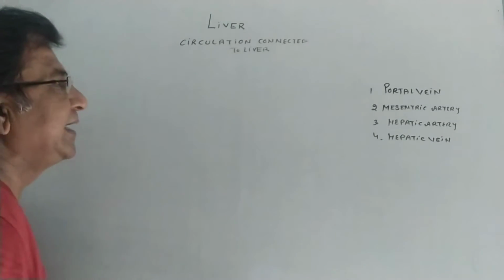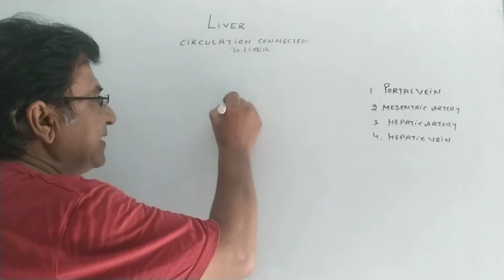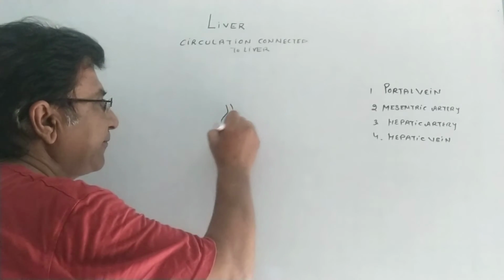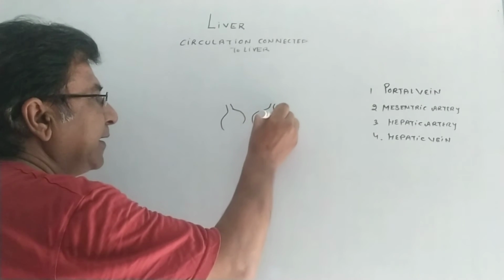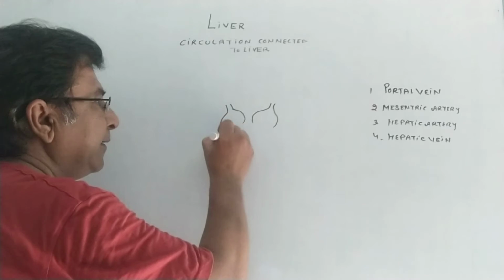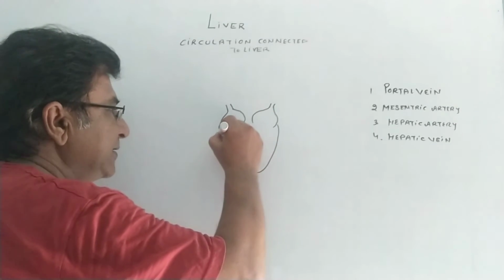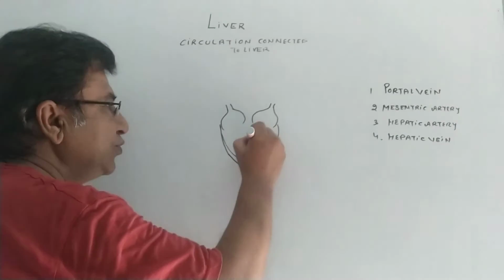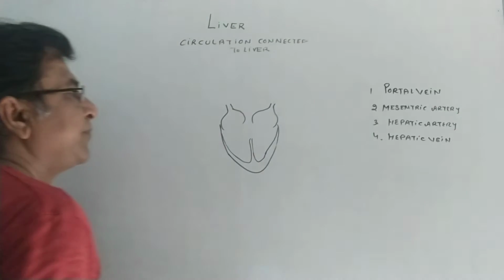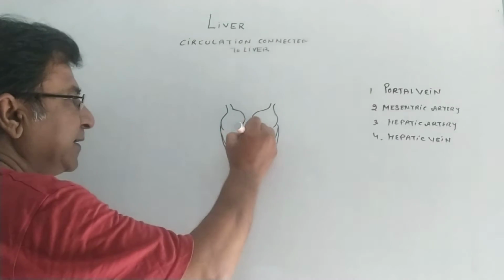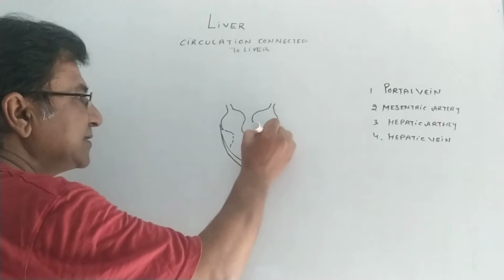Let us make a diagram to understand. Suppose I am making a rough diagram. If this is a rough diagram of the heart, correct? This is just to understand the positioning of the liver and how it is connected to other parts.